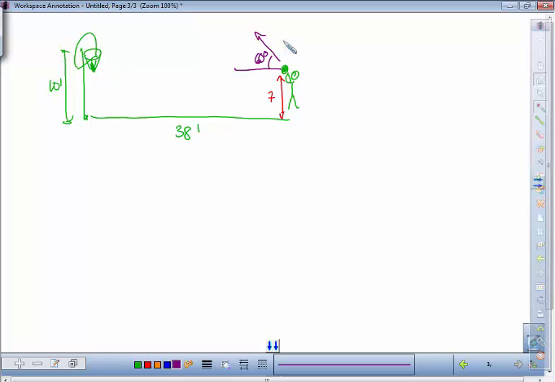So let's ask the question from here, what should the speed of the ball be for him to be able to make this shot? So let's find the speed to make this shot.